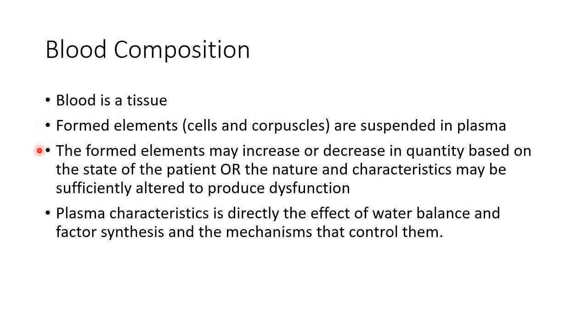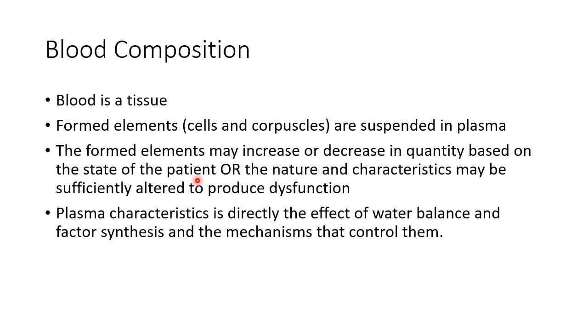The formed elements may increase or decrease in quantity based on the state of the patient. For example, when the patient loses a lot of blood, on the first day of acute blood loss, for example, 2 liters of blood are lost, the red blood cells may still be normal, but 2 days later, the quantity of red blood cells in the blood goes down.